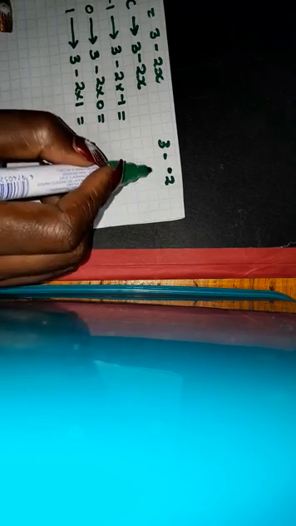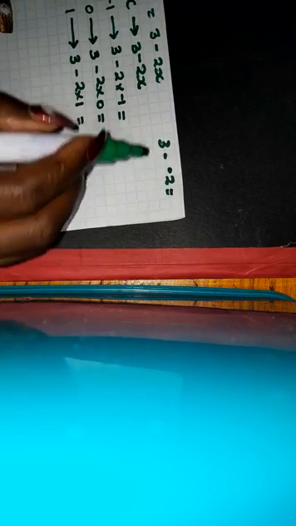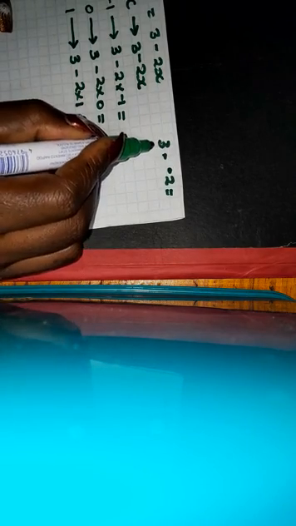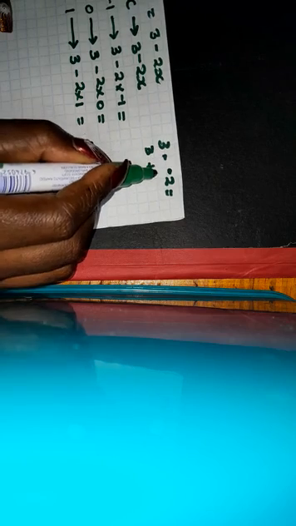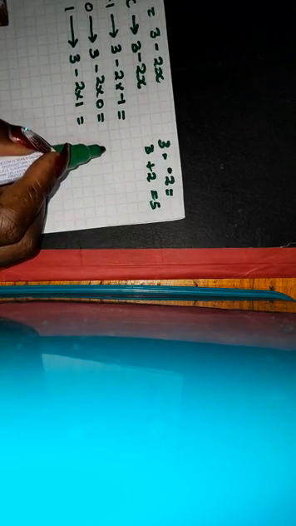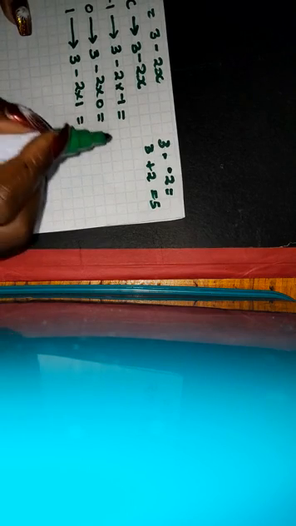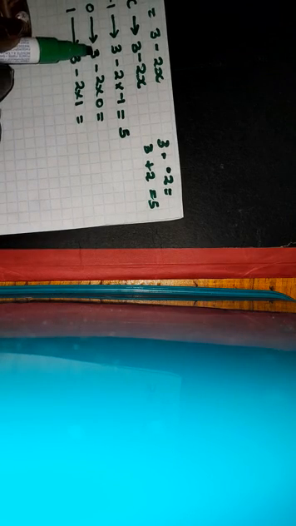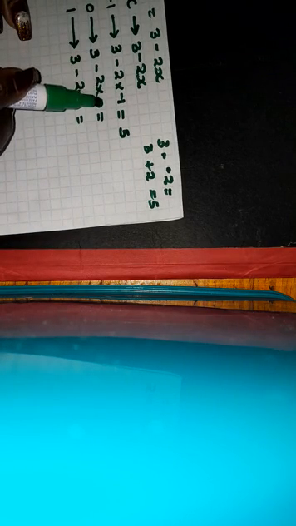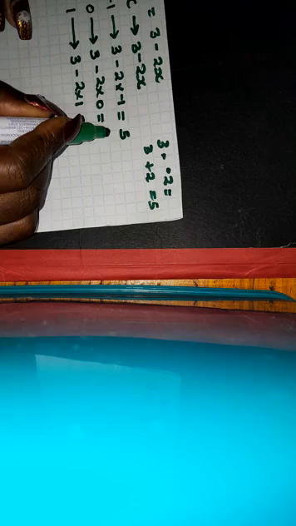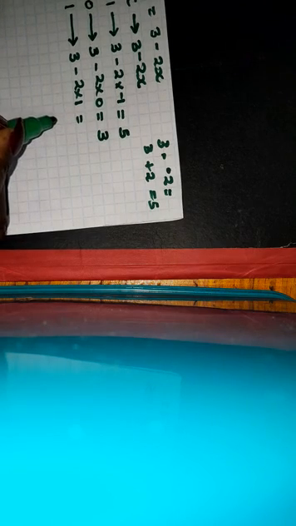Then you work this out. Remember, when you have a minus followed by a negative sign, it means you're going to have 3 plus 2, which is 5. Let us continue now. Our answer here is 5. Then we've got 3 minus 2 times 0. 2 times 0 is 0. So 3 minus 0 is going to be 3.